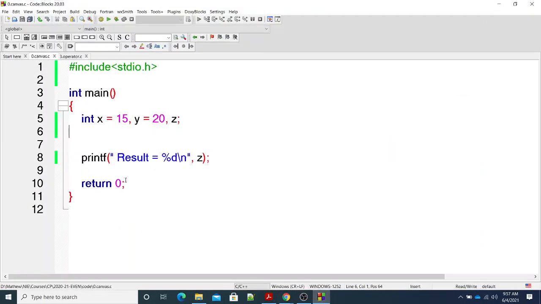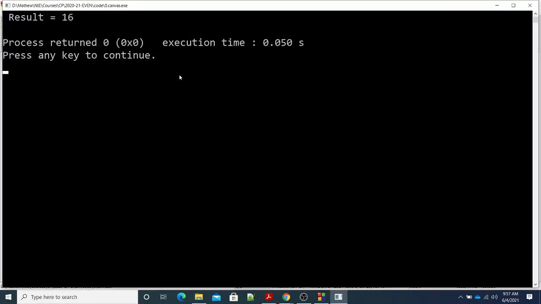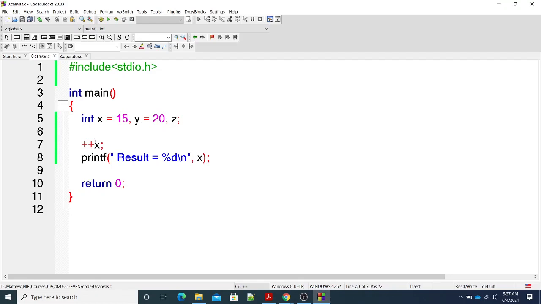Probably we'll see this. I have 15 in variable x. I do plus plus x and print the value of that and execute this. I get 16. Instead of that, if I use the decrement operator on variable x, what will be the output?